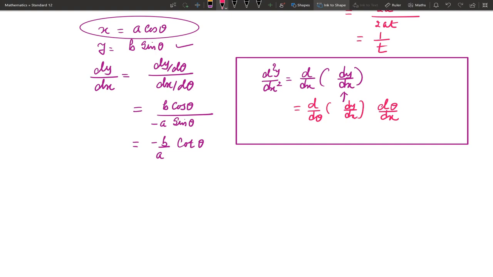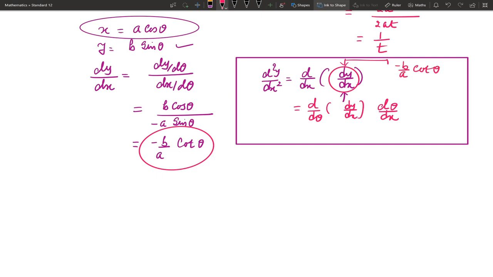You have to use chain rule because inside it will be a function of theta. For example, here minus b by a cot theta.